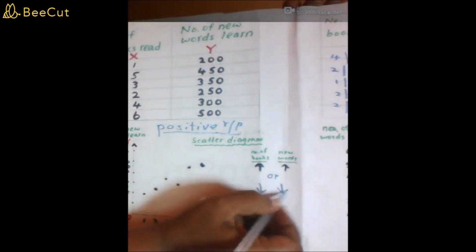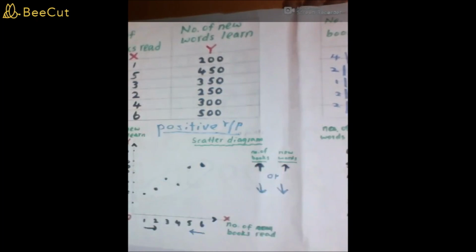Right? They go in the same direction. That's the key point in the positive. Same direction. These two go in the same direction. Two variables change in the same direction, either increasing or decreasing. Same direction. All right.